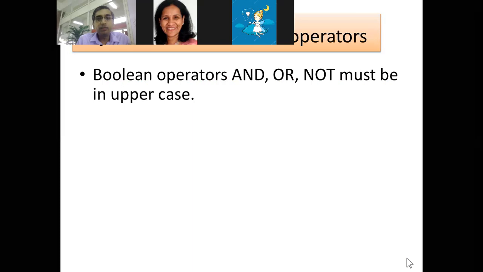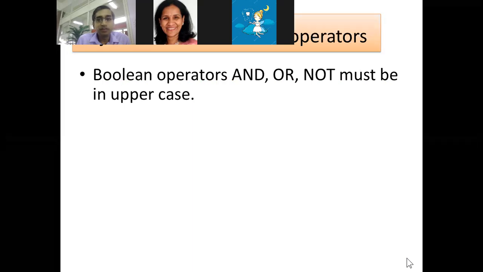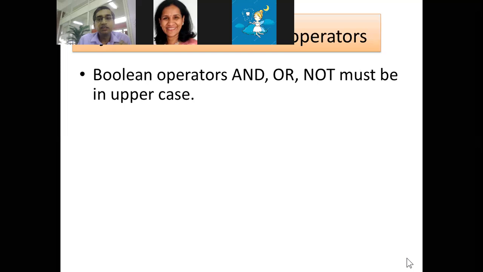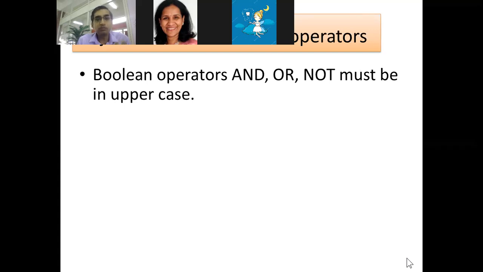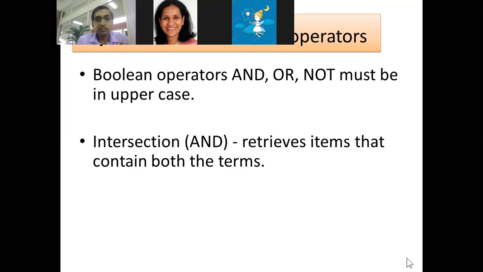Then you can play around with what we call Boolean operators. What are these Boolean operators? They are the terms AND, OR, NOT. These are used in capital letters, and whenever you use them to combine your multiple phrases. For example, if you use AND, it's going to give an article which has both those terms.